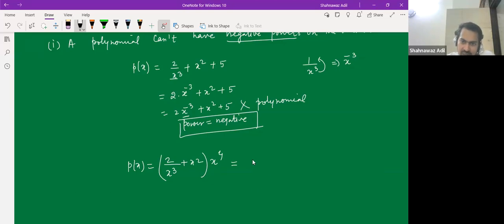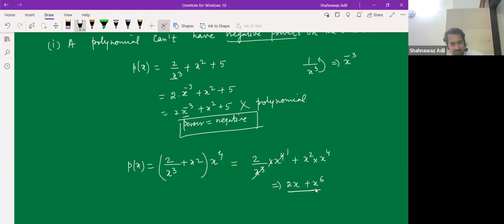Okay, so let us simplify this problem. This is x cubed into x to the power 4, and x squared and then x. So this cancels, this becomes 1, and this adds up. So this is 2x plus x to the power 6. Now do we have any negative powers?